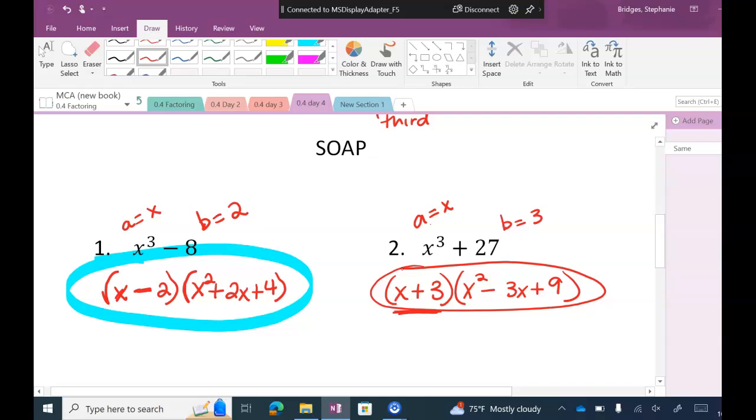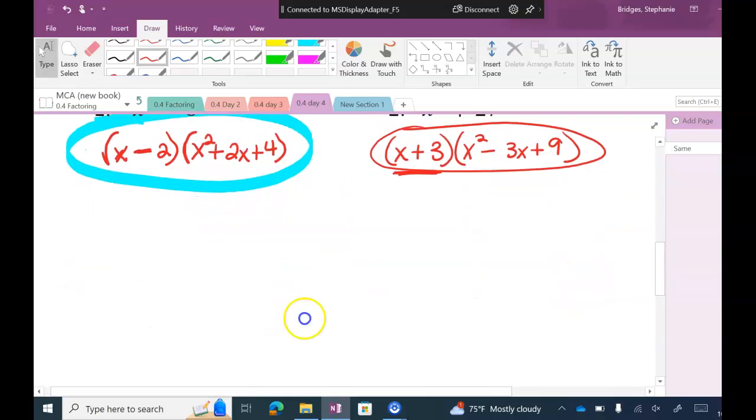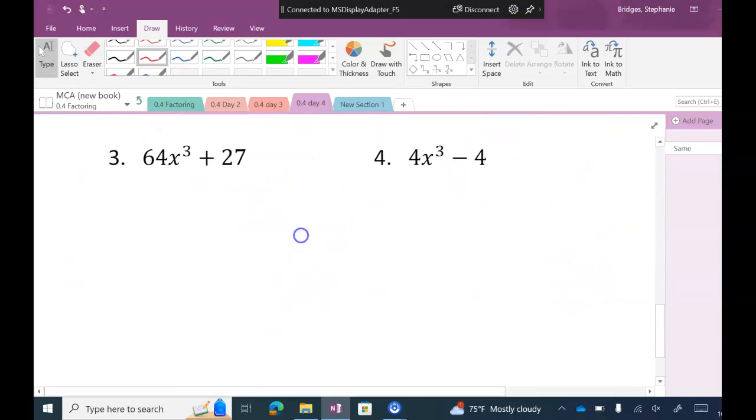As long as you know your pattern, these are not hard, especially if you have a list of cubes to look at. If you're not familiar with them, you have a list. You can use that list on your test next week. I want you to try 3, but there is a very common mistake that happens in question number 3 that I will point out once we go over it. I just want to see if any of you make it.